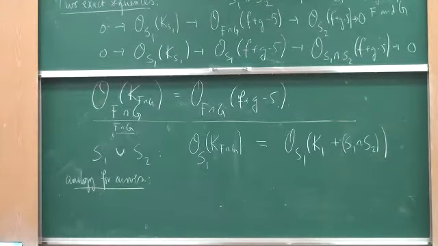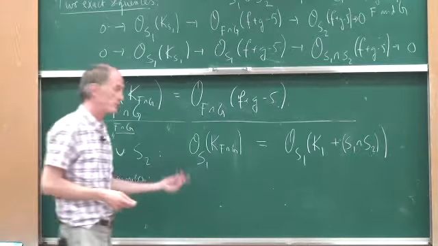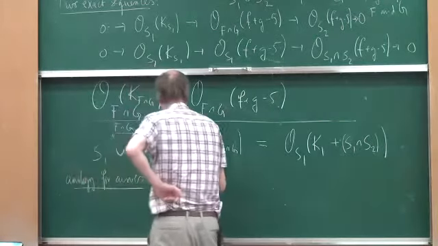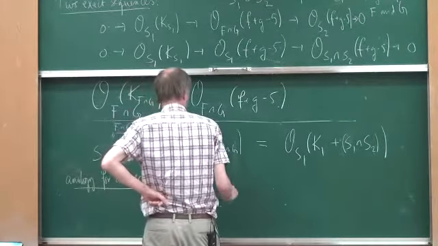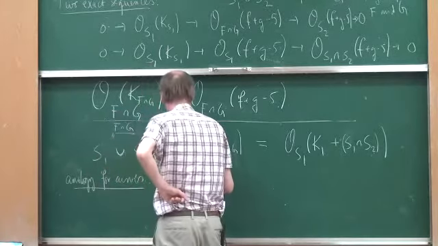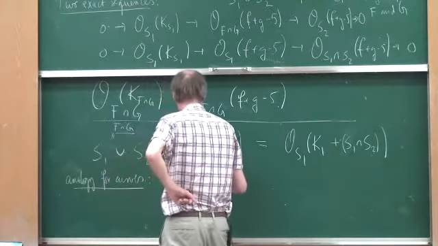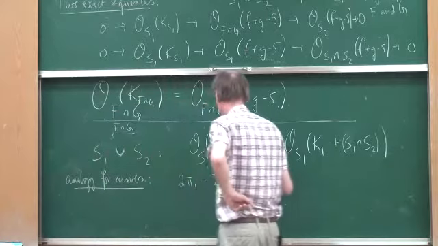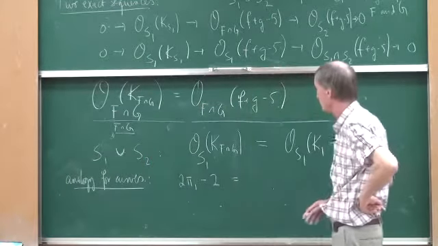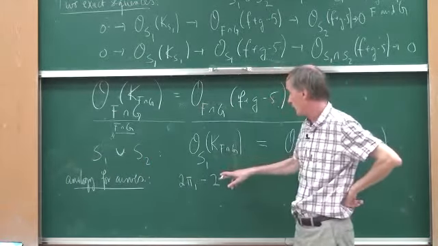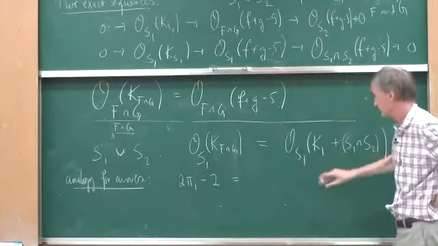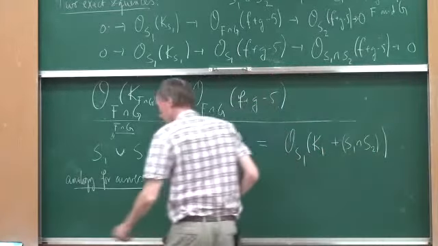So this means in our case for the hyperplane sections, if you look at the hyperplane sections, then I get 2 pi 1 minus 2. That's the canonical on, let me put it on this side here.